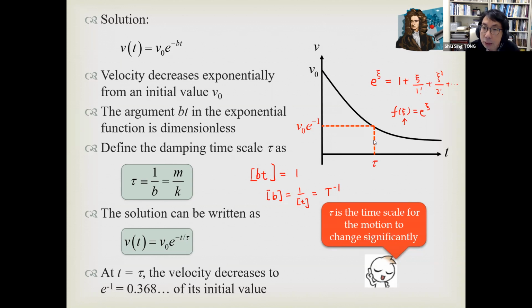So at time t equal to tau, the velocity has decayed to v0 times e to the power -1, which is about 37% of the initial value v0. That means tau denotes the time scale for the motion to change substantially, and we define it as the damping time scale.